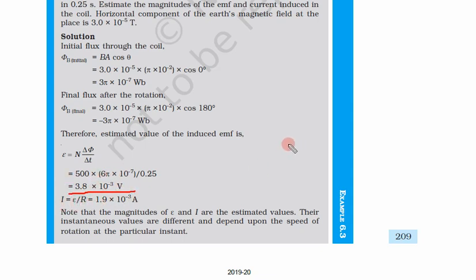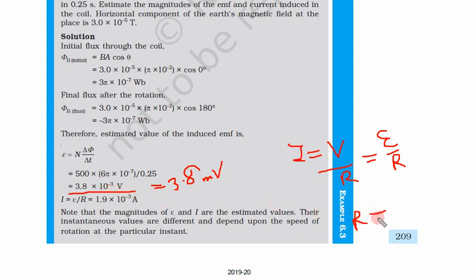Now again, I is equal to V upon R, where V is given by epsilon upon R. So this value is 3.8 millivolt. I is equal to epsilon upon R. Epsilon is 3.8 into 10 to power minus 3 volt, and resistance is given, R is equal to 2 ohm.